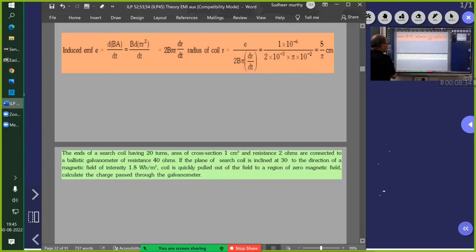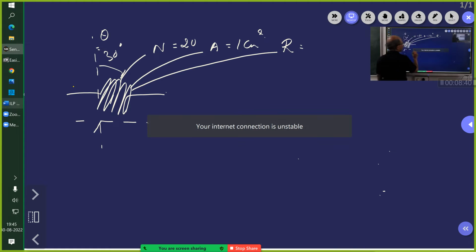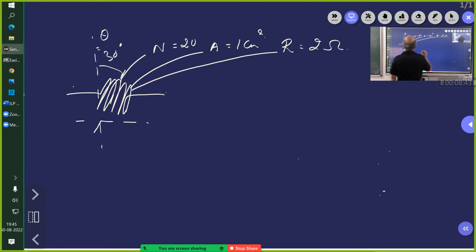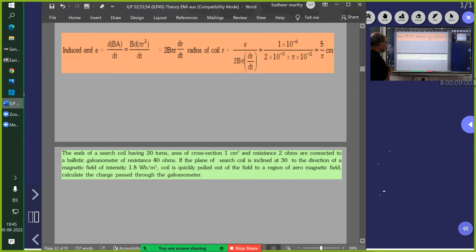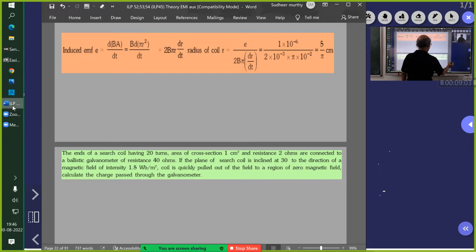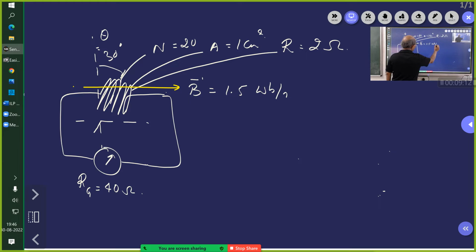Resistance of the coil is 2 ohms. Then ballistic galvanometer. I hope this is the data that they are given.